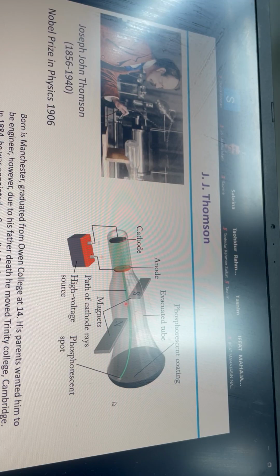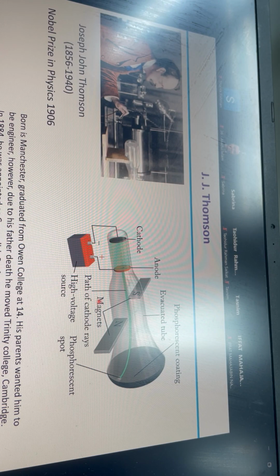Okay. But that was mostly known as cathode rays. It's not that he actually produced the cathode rays first. A lot of other people also observed these cathode rays. But what is unique to him is that he was a mathematician. Okay, so what he did when he found these cathode rays, he actually measured the mass of the electron, and also measured the charge of the electron.